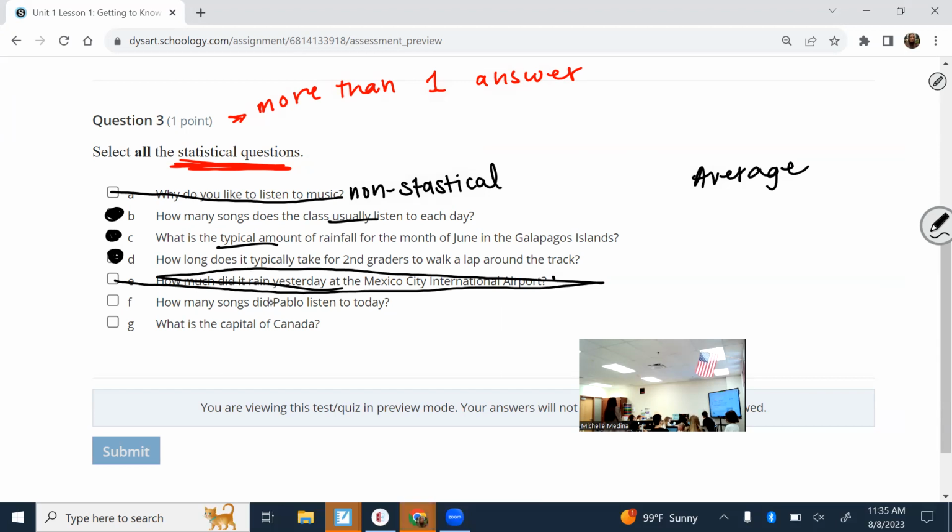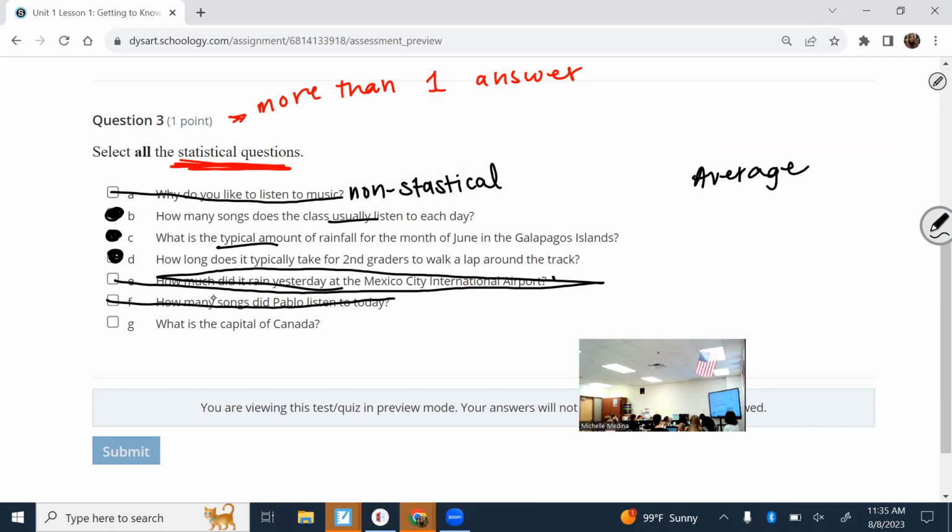How many songs did Pablo listen to yesterday, or today, sorry? Statistical or non-statistical? Okay, good. I did have to revise it from what it said earlier. It said, how many songs did you listen to today? That's why I changed you to Pablo, because it's asking about one specific person. There should only be one answer.